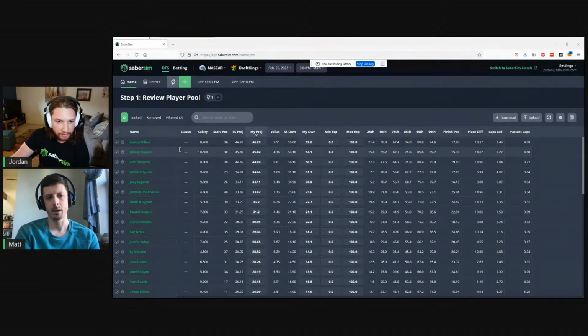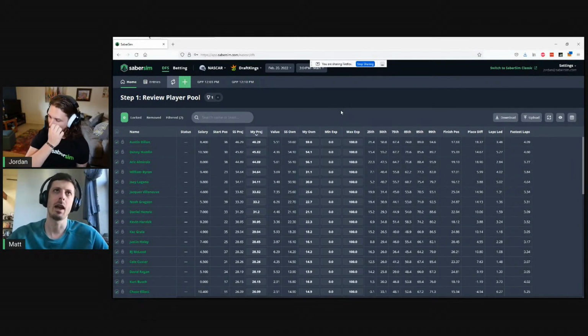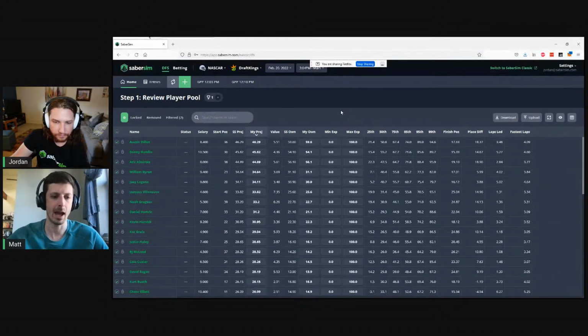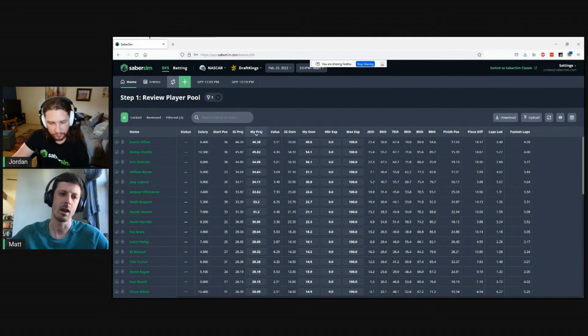Yeah, so the model is obviously brand new, and we aren't incorporating everything. In terms of research that would help, we do account for the track type in terms of how it will impact all drivers, but we don't look at each driver's course history on the track. If a driver is really good at a specific track, it will most likely be accounted for in the Vegas odds.